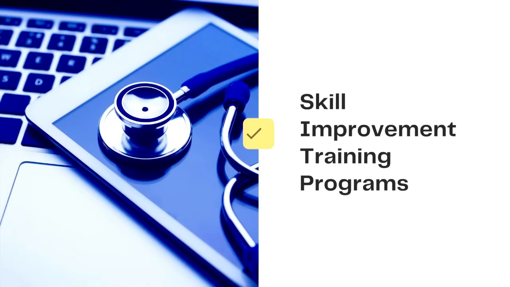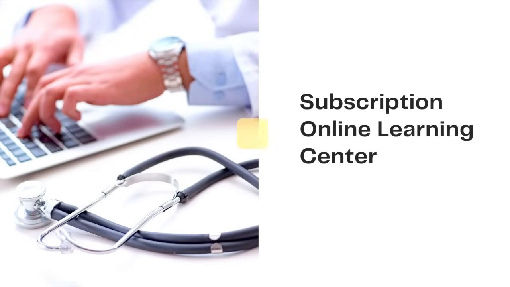And if you want to make even more money, you can sell custom tailored training programs for the candidates that actually help them improve their skills and their chances of getting matched with an employer. You may also decide to set up a subscription-based online learning center where they can download ebooks, guides, video courses, all to help them do a better job on the job.